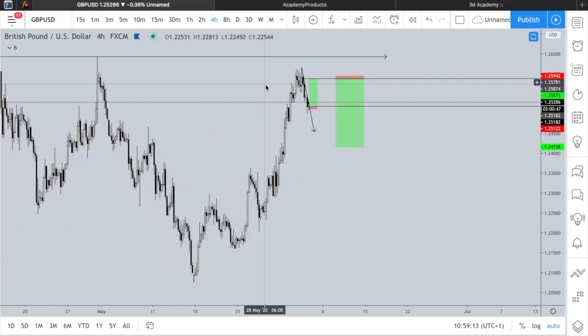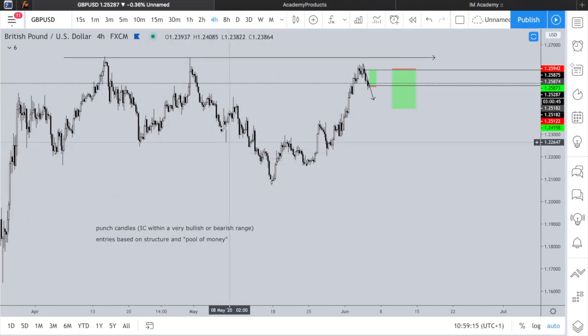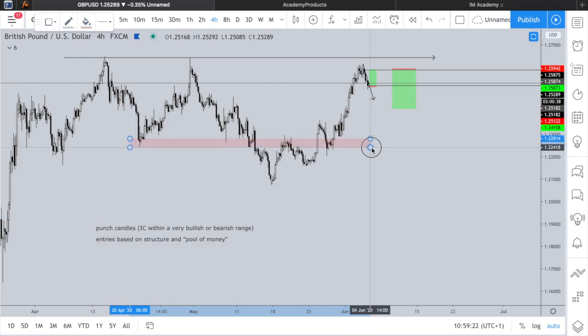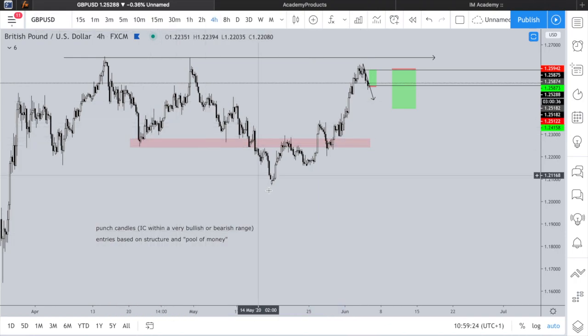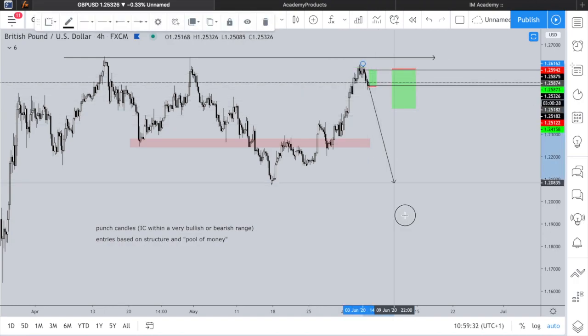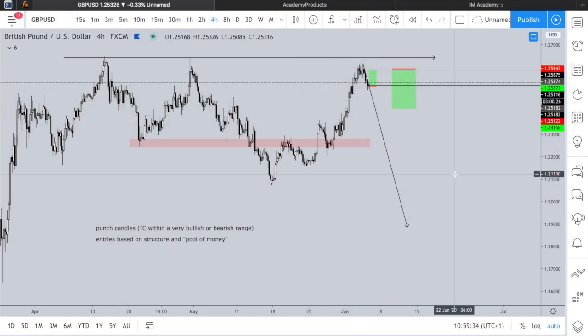Paying close attention to the structure points on the 4-hour time frame, the first thing I can see is we broke structure to the downside over there. Meaning what? Potentially, this can be a bearish trend. Potentially, this can make its way all the way down there. That's a complete possibility.